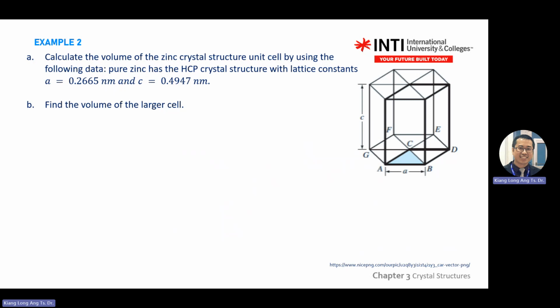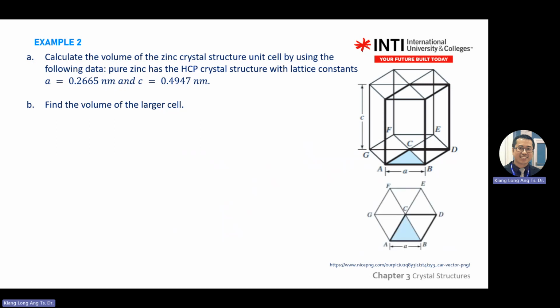Label A, B, C, D, E, F, G in this sequence. Label C, label A. If the question asks you about HCP, this will be the standard presentation diagram that we expect in your answer.